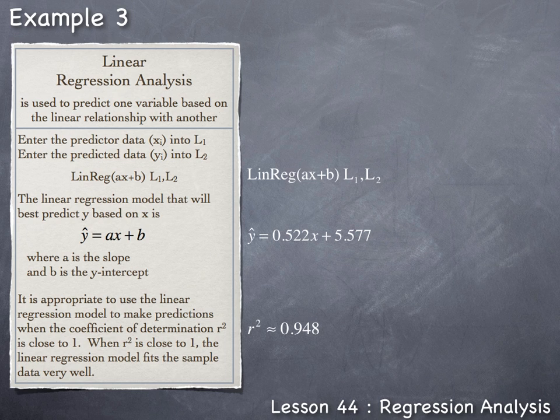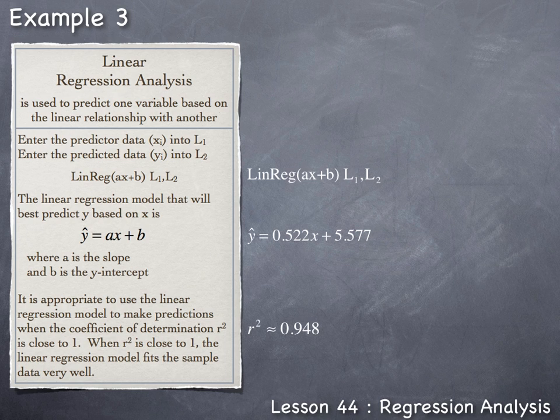In this instance, it looks as if multiplying by 0.522 times the person's height, the location of the person's belly button is a little more than halfway up the body, plus the extra 5.577 inches.